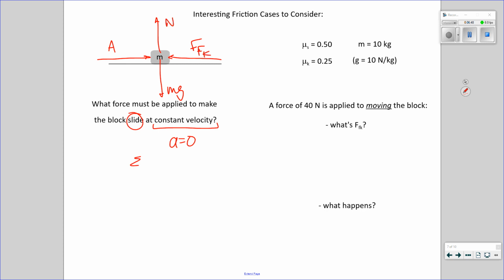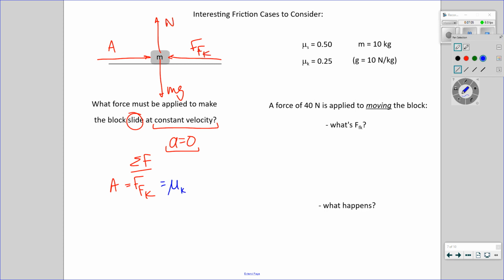Well, net F says that a equals 0, so the applied force A equals F_fk. If a equals 0, the net force is 0. Those two forces are equal and opposite. So how big is the kinetic friction force? Well, the kinetic friction force is, by definition, mu k times n.